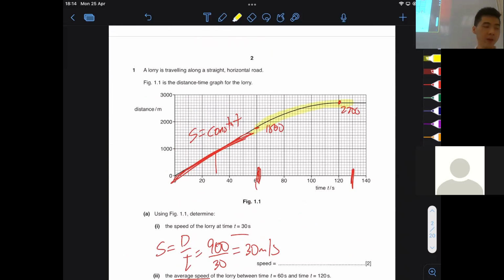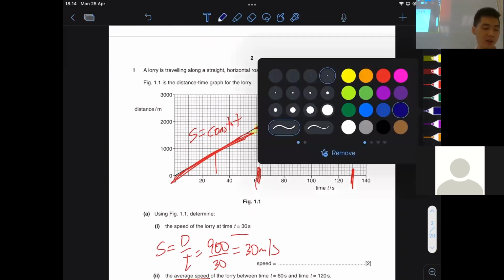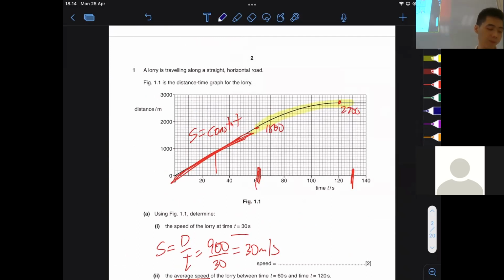Good, very good. This graph tells you that the gradient is decreasing, right? In a distance time graph, the gradient represents the speed. So the speed is actually decreasing here. If the speed is decreasing, it means that there's deceleration now. Not decreasing acceleration, there's deceleration here.